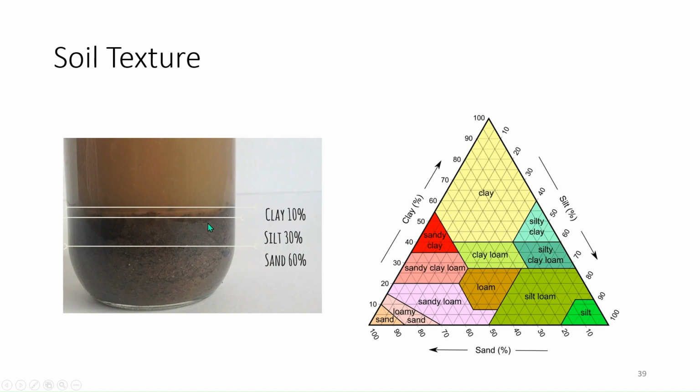And then from here to here is 3 inches. So we'd say that's 30% silt. And maybe the top is 1 inch, and that means it's 1 out of 10, or 10 percent. So we would mark on the different sides here, our sand mark at 60%, our clay mark at 10%, and our silt mark at 30%.